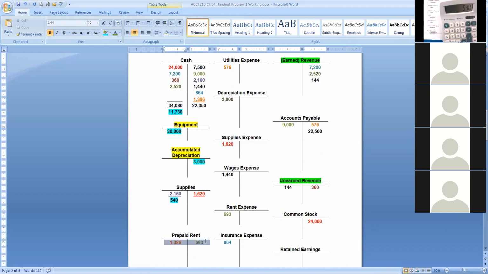Okay, down here we have to subtract those. And unfortunately, I made those the same. 1386 minus 693 equals 693. Probably shouldn't have done that.